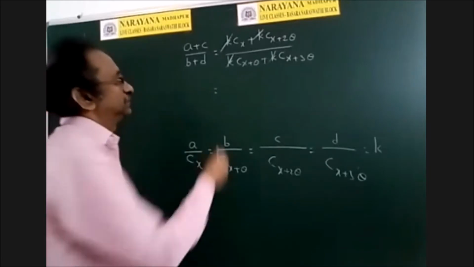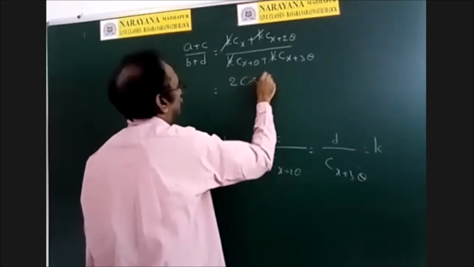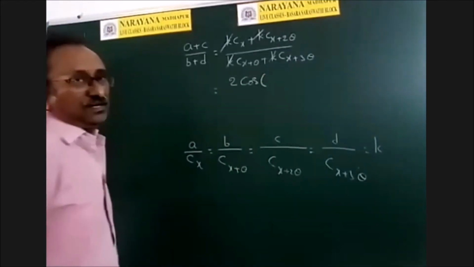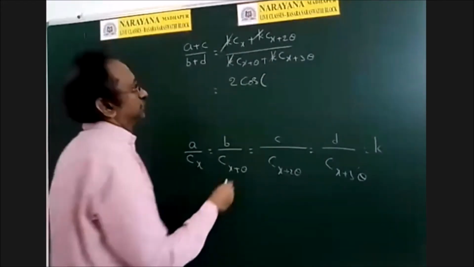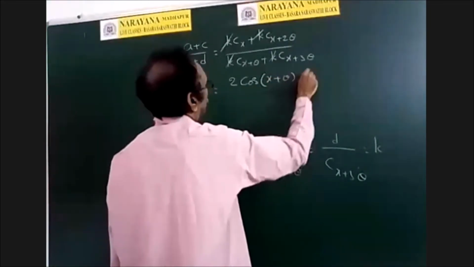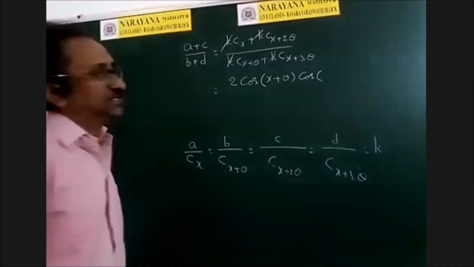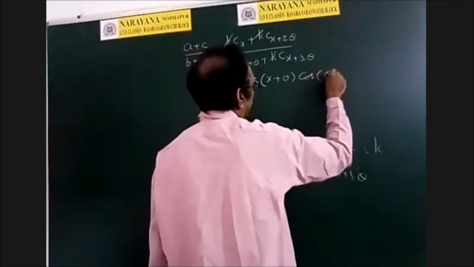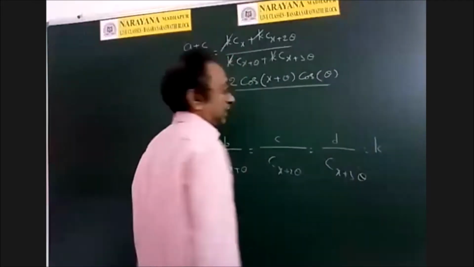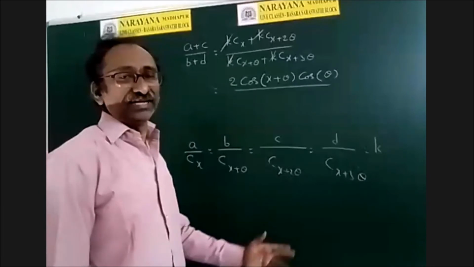Cos c plus cos d is 2 cos c plus d by 2, that is 2x plus 2 theta by 2, x plus theta, cos c minus d by 2, x cancelled, 2 theta by 2, that is theta. Observe, sometimes even though there is a minus term, I am neglecting that minus. Why?